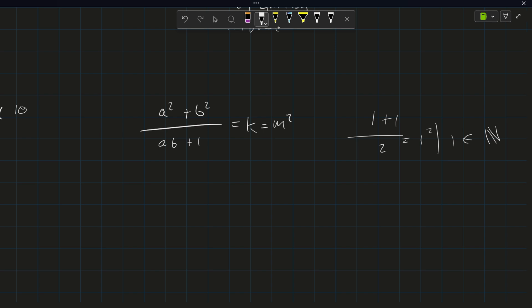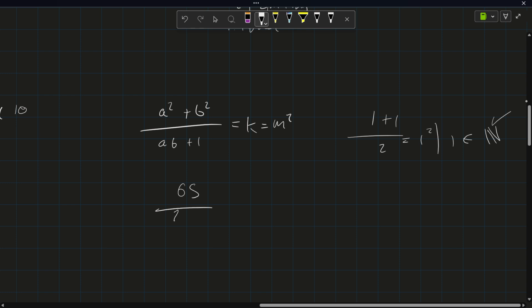So this works. What else would that be? 4 and 7, maybe? So that'd be 16 plus 49, 65. That would not work.